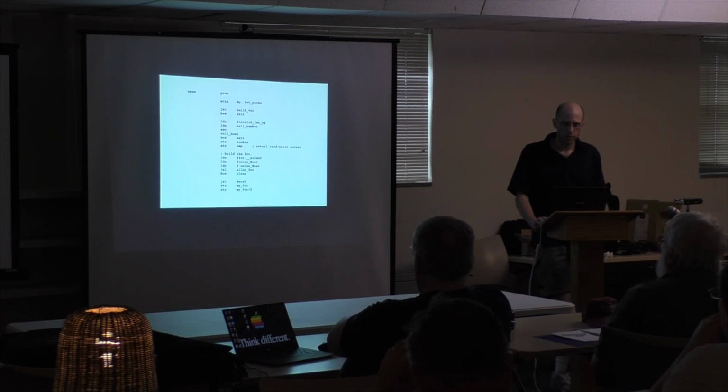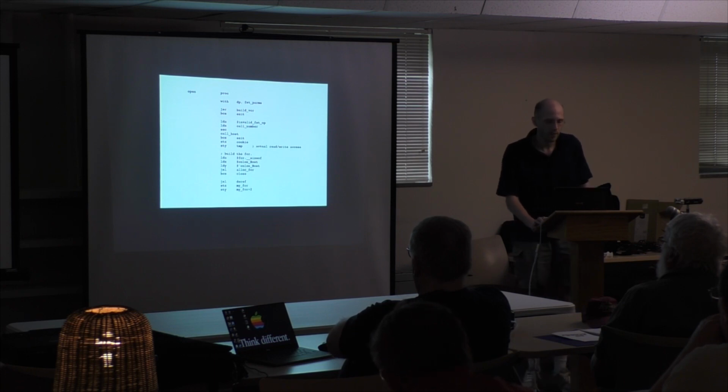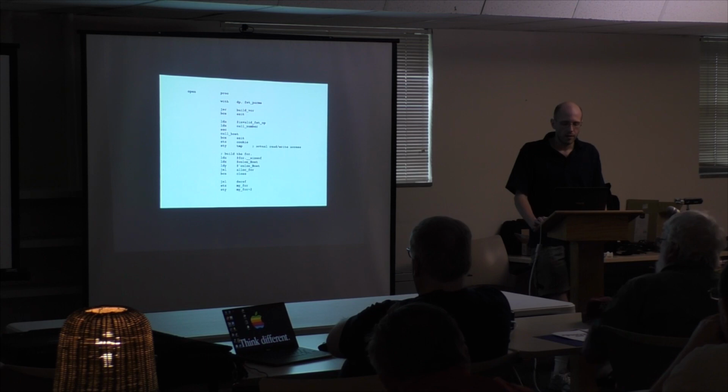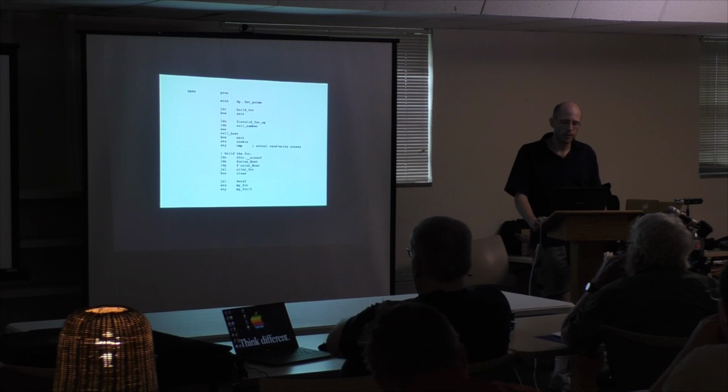So here is the open call, for example. It builds a volume control record because every file control record needs a volume control record. Every file has to be on a volume. Then it calls the host GS Plus emulator to actually open the file and populate the parameter blocks. If there's an error, it exits.